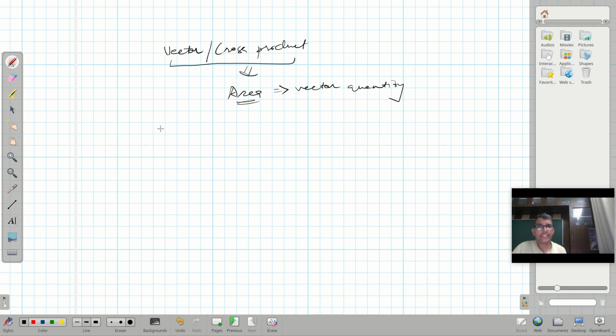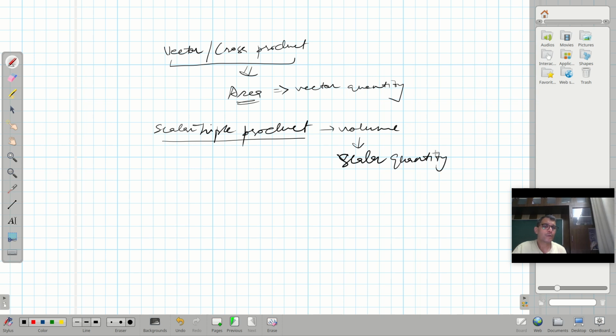But on the other hand, the scalar triple product basically represents the volume, and it is a scalar quantity, right? Because area is represented by cross product, and the scalar triple product is basically a dot product. It's like a dot product but containing three vectors, two vectors sitting like a cross product and one sitting as a dot of that.